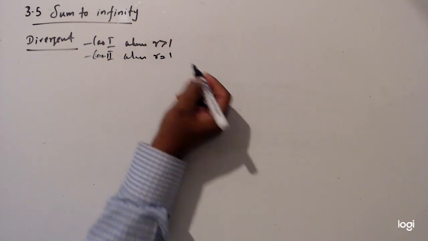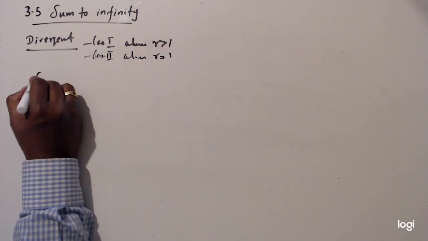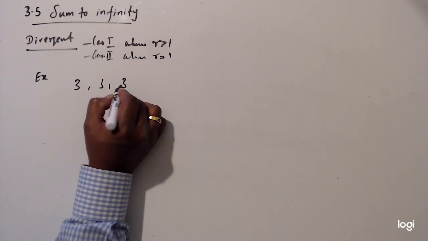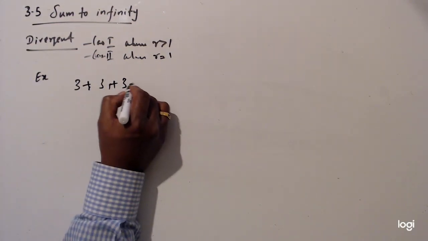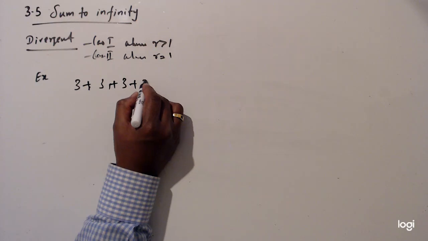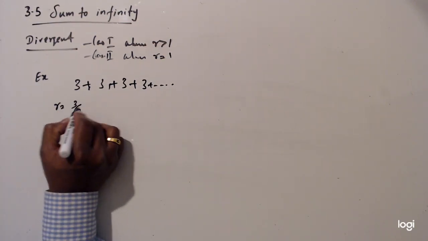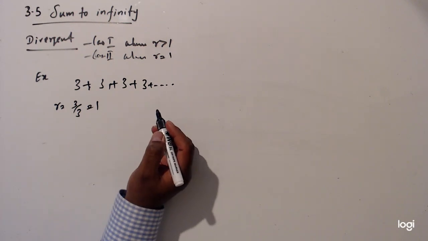When r equal 1. Example: 3 plus 3 plus 3 plus 3 plus dot dot. So r equal 3 divided by 3 equal 1.